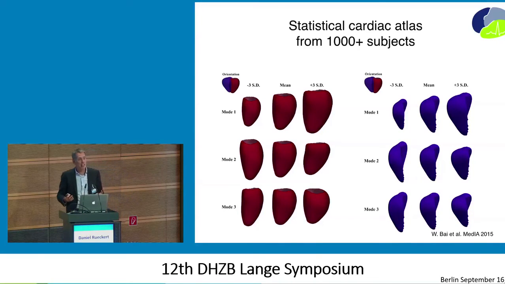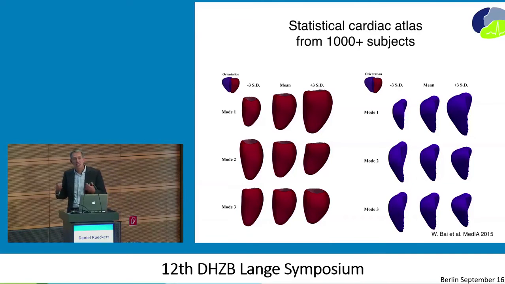And what you would end up with here is a model which not only shows you the mean shape, but also shows you the most significant variation in the population. Obviously, the first mode is very much related to size, but it explains around 40% of what you see in the population. The second mode explains much less, and so on.